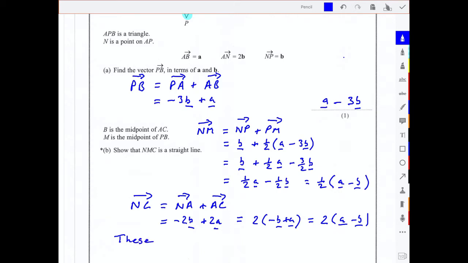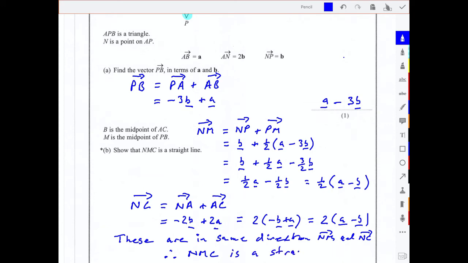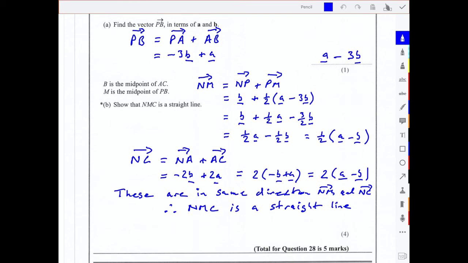These are in the same direction, NM and NC, therefore NMC is a straight line. And that completes the question.